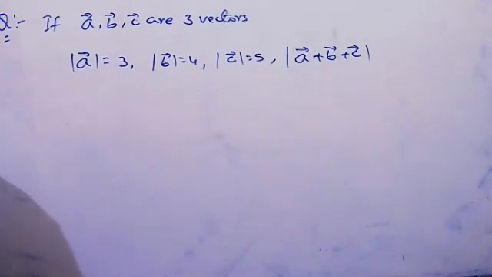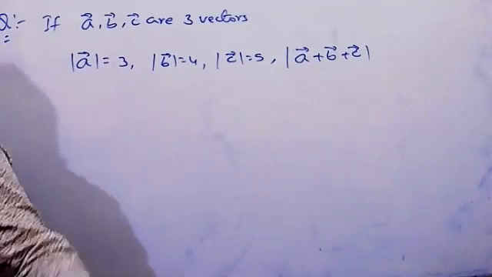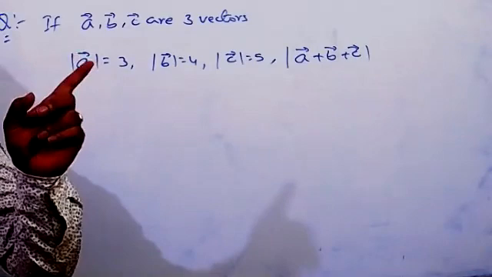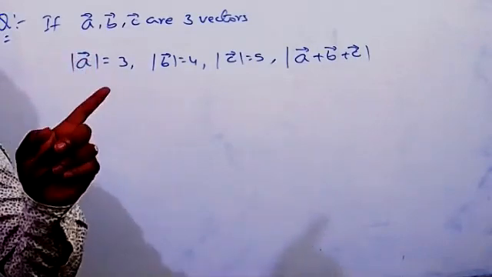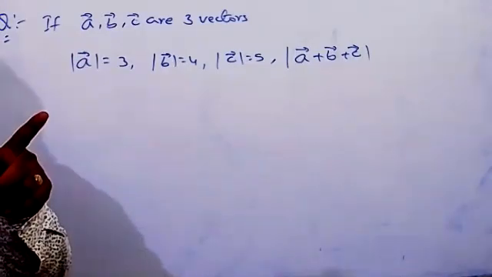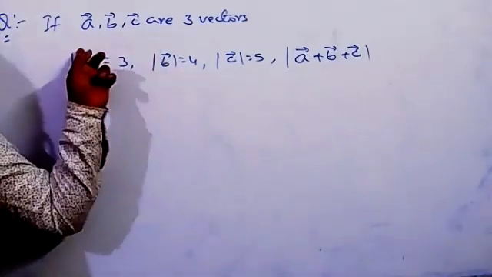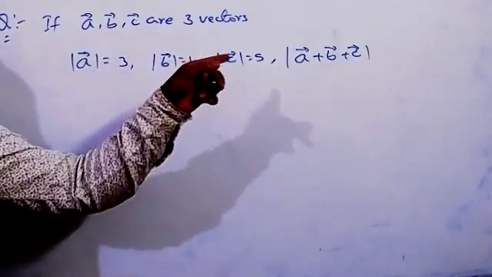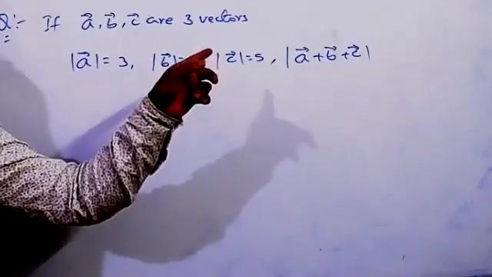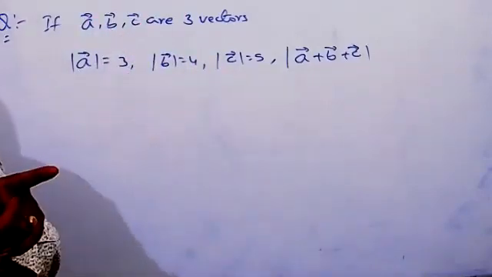This is one of the important questions already asked in IIT as well as in the CBSE board examination. Here A comma B comma C are three vectors with magnitudes 3, 4 and 5 respectively, and each one of them means A is perpendicular to the sum of the other two, and B is perpendicular to the sum of the other two, and C is perpendicular to the sum of the other two.